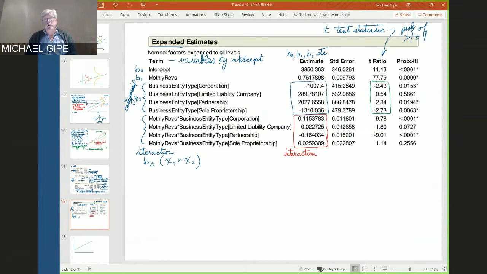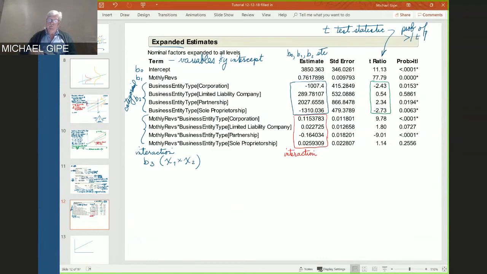And some of them look like they're significant and some of them don't. So are we to conclude that this model is significant only for corporations and partnerships and sole proprietorships, but not for partnerships? No, that's an incorrect interpretation of this.